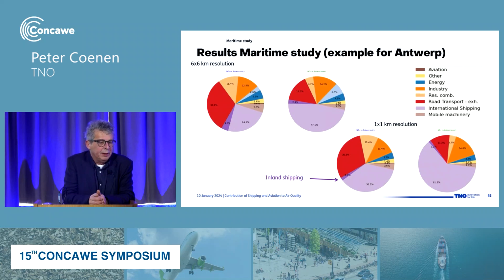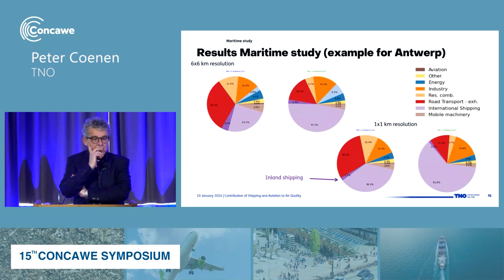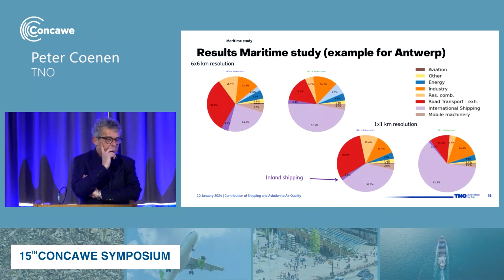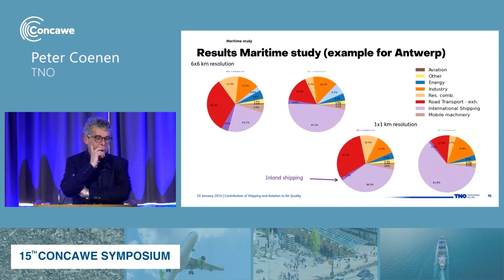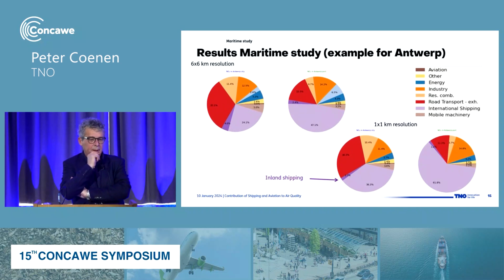And you see that in the port, the NO2 concentration can be determined for 47% due to international shipping. The inland shipping is far less. I put the arrow, it's the deep purple color.